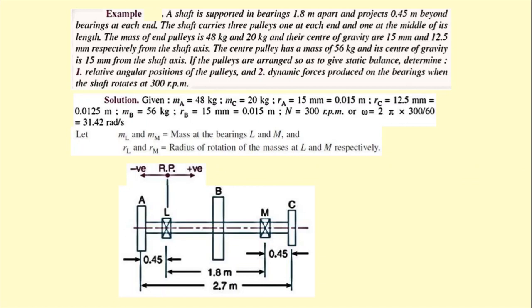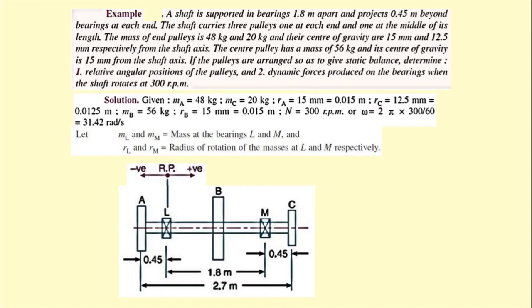The mass of the end pulleys is 48 kg and 20 kg, and their centers of gravity are 15 mm and 12.5 mm respectively from the shaft axis. The center pulley has a mass of 56 kg and its center of gravity is 15 mm from the shaft axis. If the pulleys are arranged to give static balance, then determine, number 1, the relative angular position of the pulleys, and number 2, the dynamic forces produced on the bearings when the shaft rotates at 300 rpm.